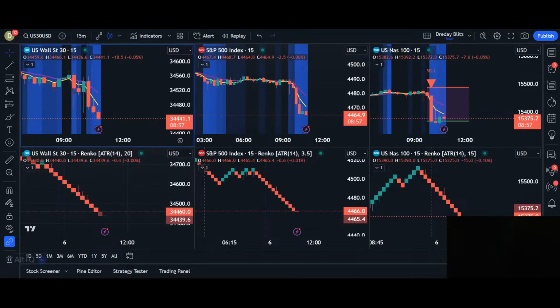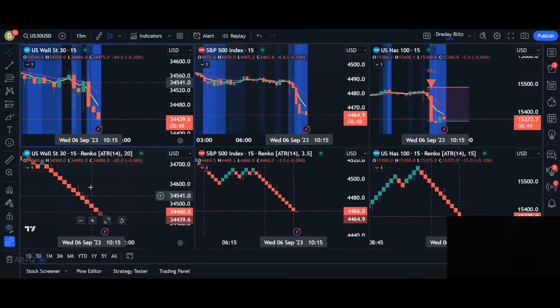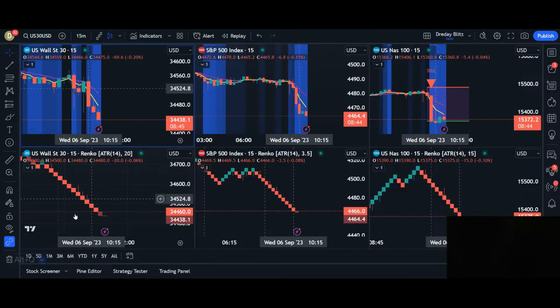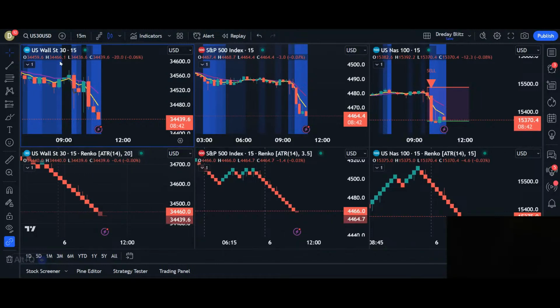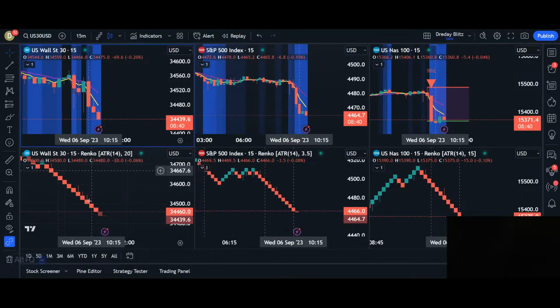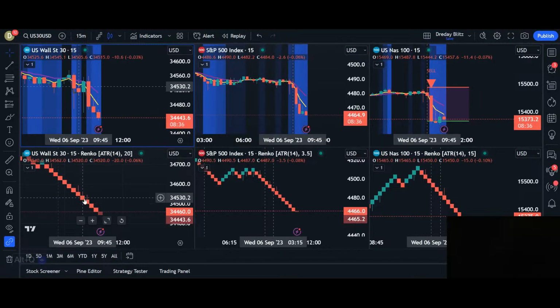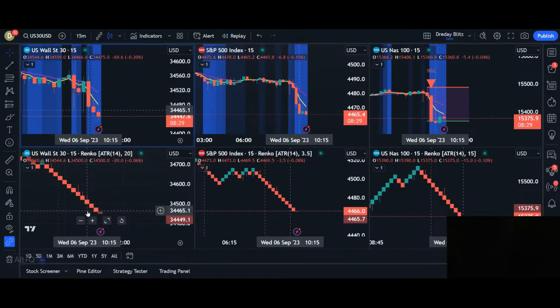And if you're keeping your trade open for any pair, make sure that you trail your profit. So how do you trail your profit? You make sure that you remove your stop loss, and you put it about three bars before the current Renko bar.